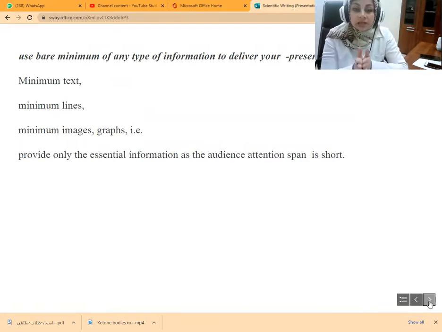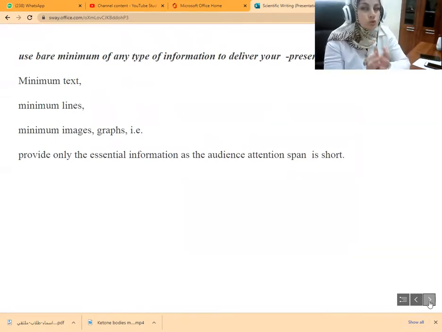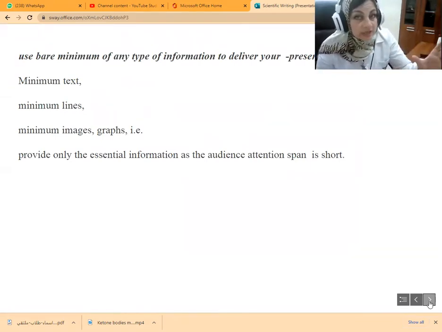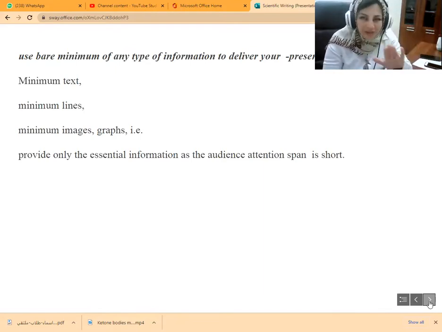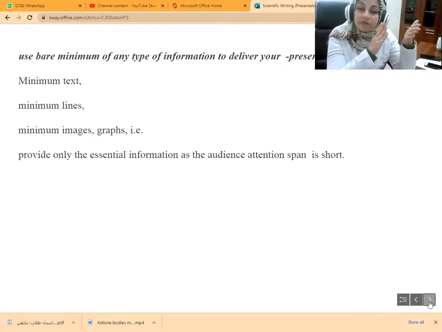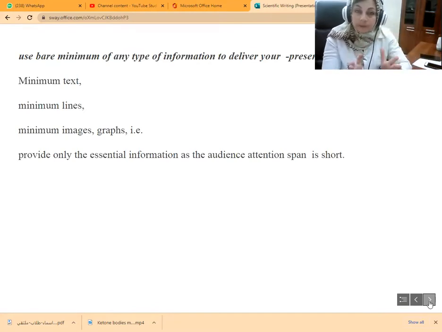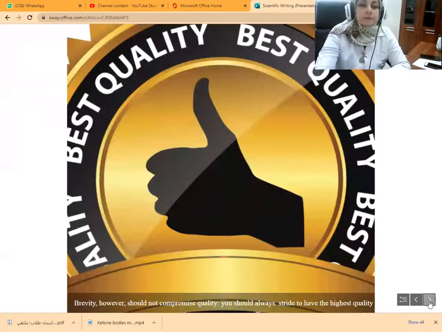Provide only the essential information as the audience attention span is short. So we say that the audience attention span should be 12 minutes maximum. It's as low as 7 minutes. So from every 7 to 12 minutes, people need a break. So you need pieces of information that fit into 7 to 12 minutes only, not more than that.